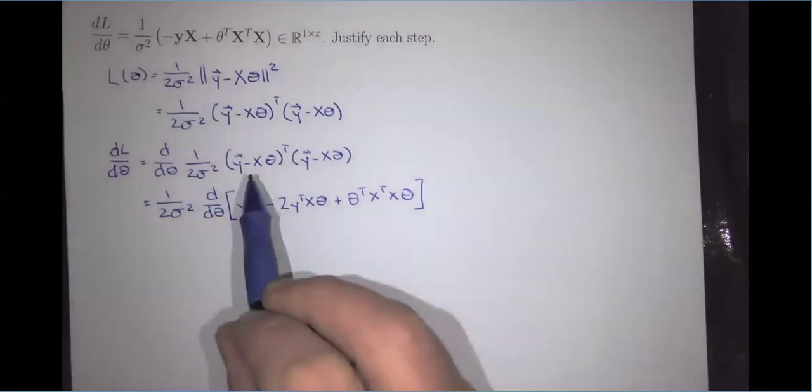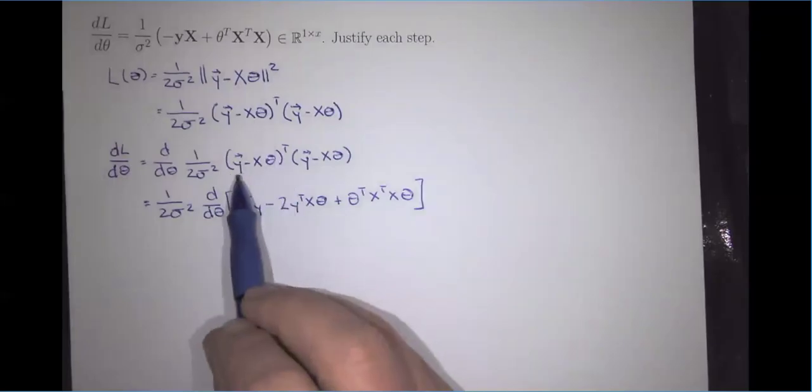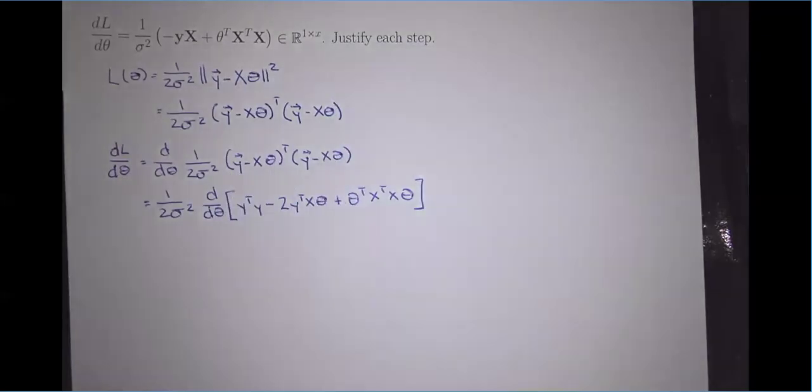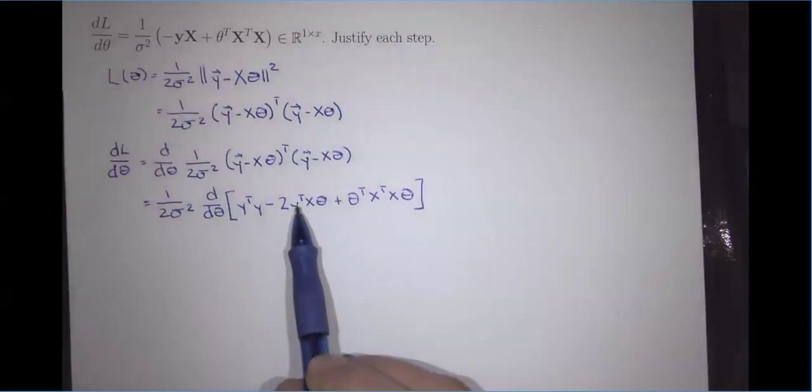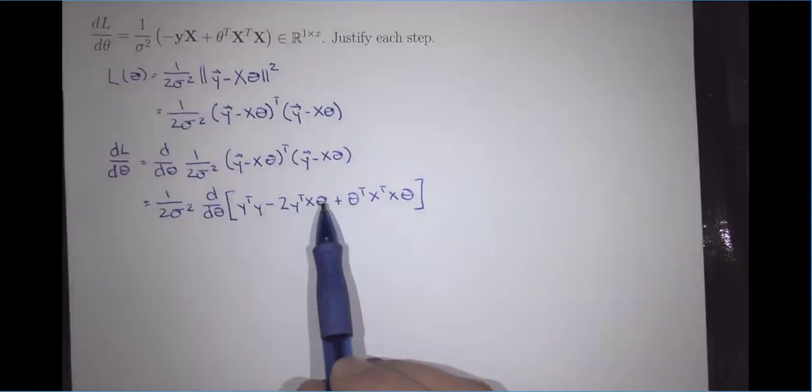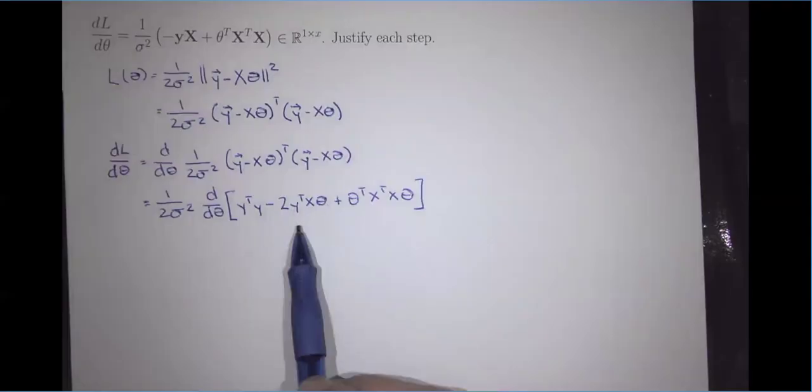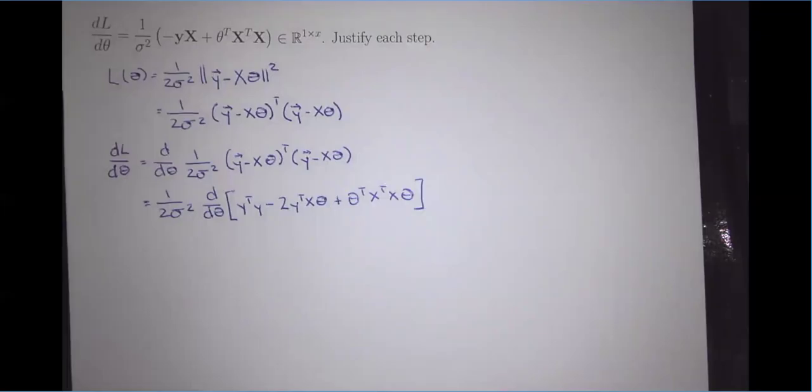And all I've done there is just applied the transpose, multiplied it out, collected my like terms. Notice too that yᵀxθ is the same thing as θᵀxᵀy. So we can clean it up a little bit.